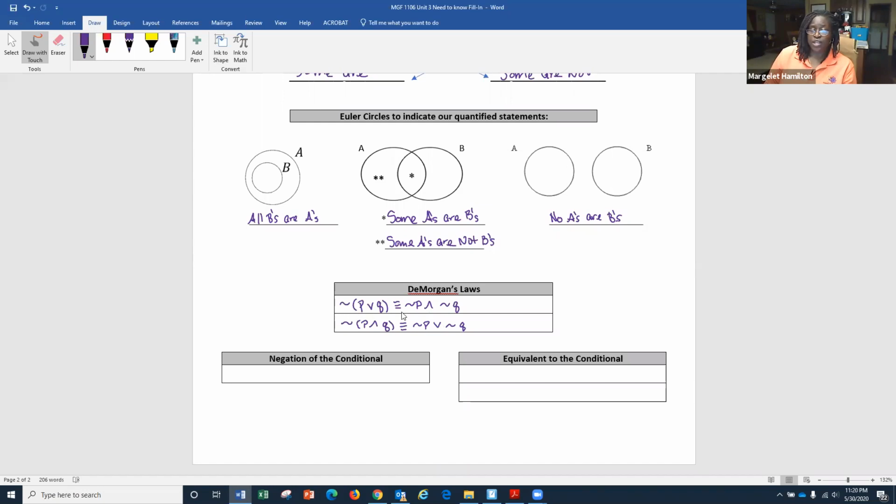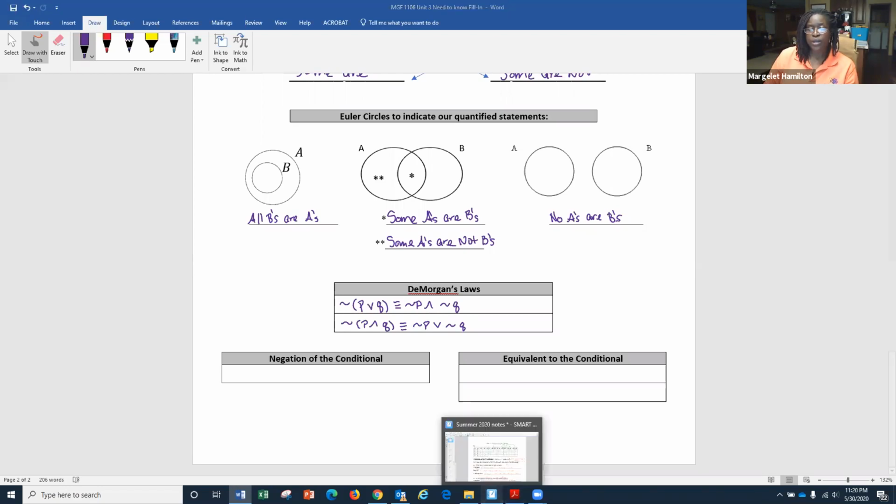So negation P, the or becomes an and, then negation Q. Same here, negation of P and Q, everything is touched by that negation. Negation P, and becomes or, and then negation Q. All right, so that's what we're doing.